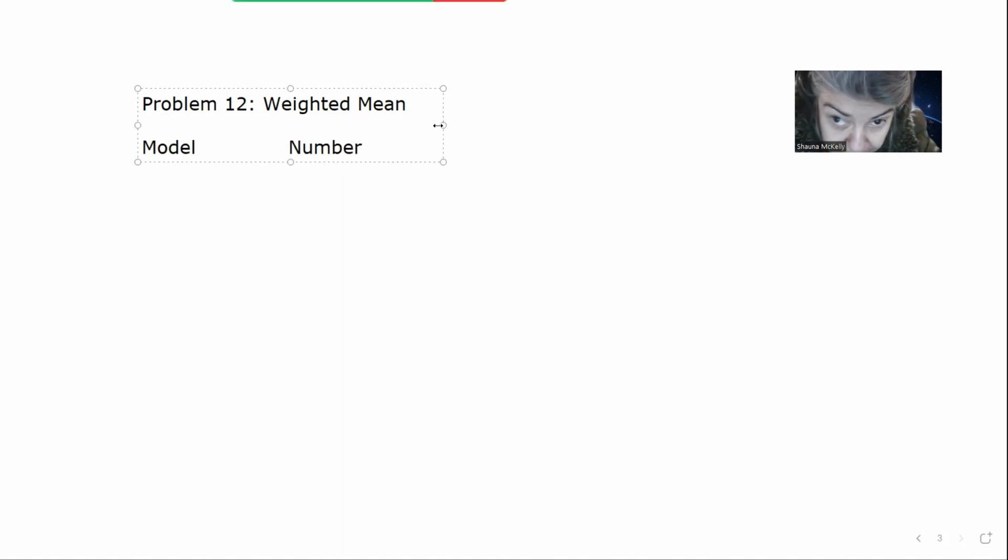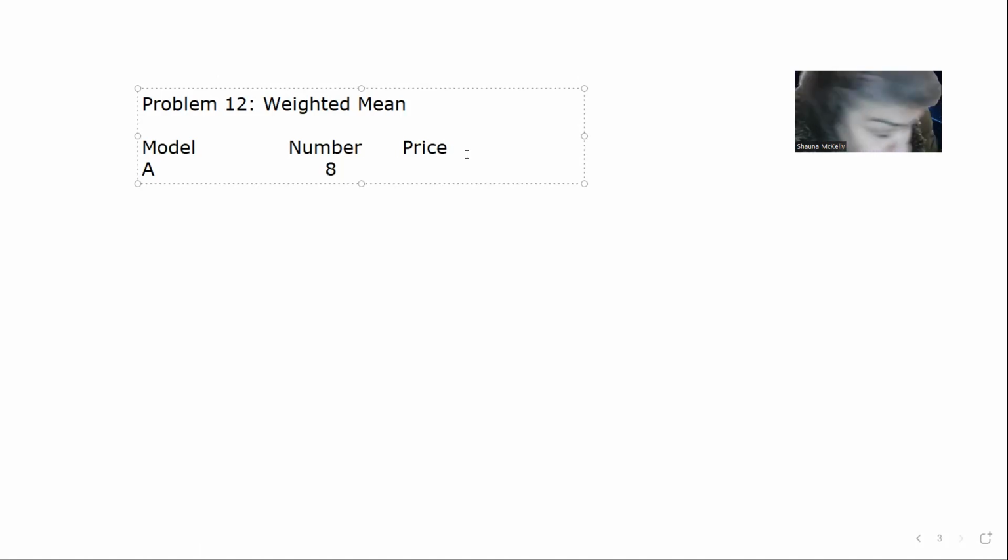So bear with me a moment while I make our table. Price here. Then this is model A. And there are 8 of those. And they sell for $10,000 each.